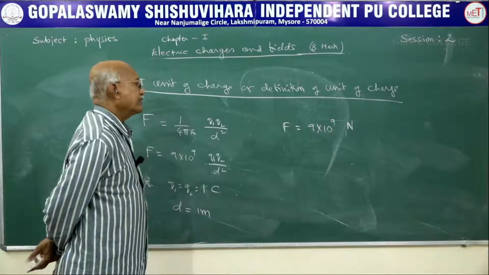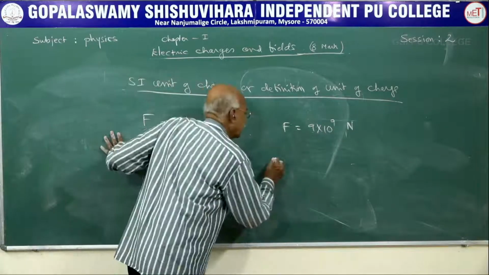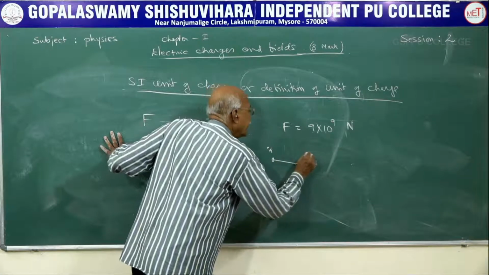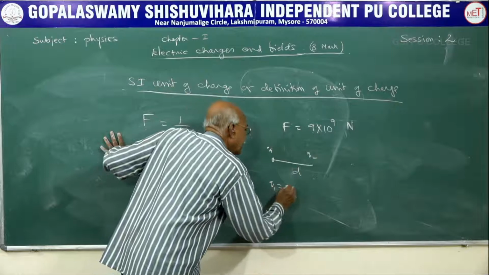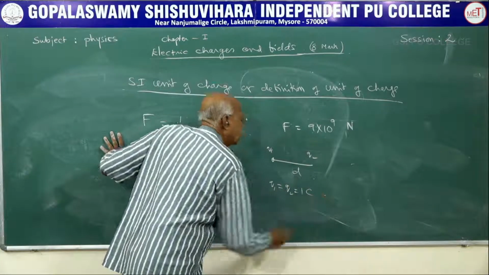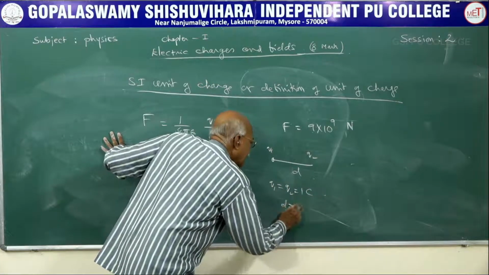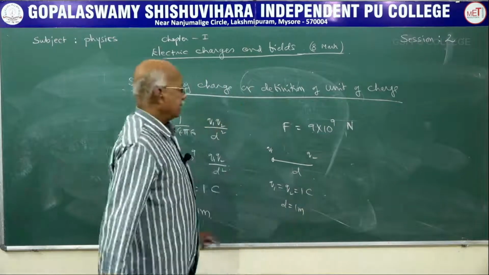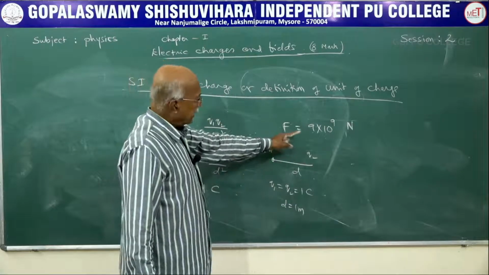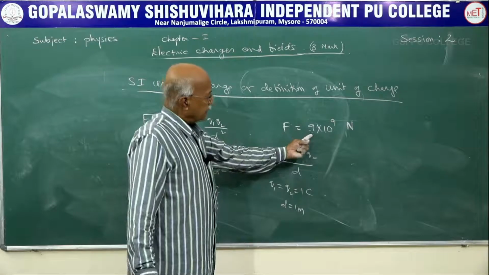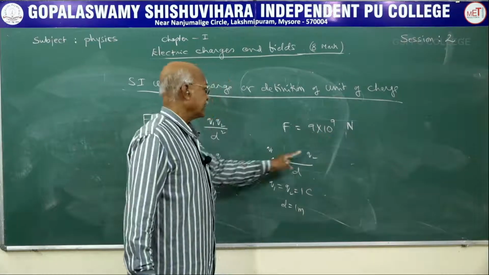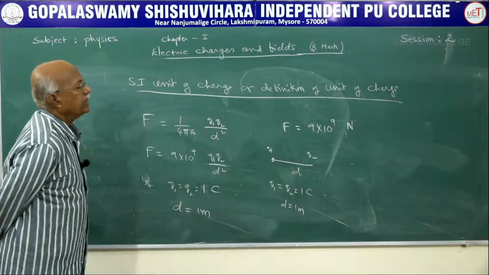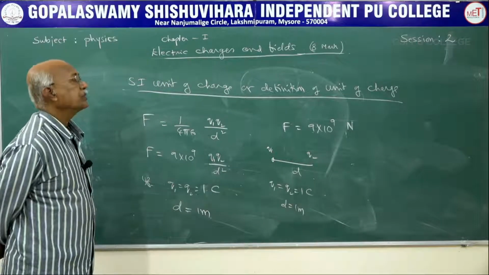So if Q1 and Q2 are two charges separated by distance d, and Q1 is equal to Q2 is equal to 1 coulomb, and d is equal to 1 meter, in such a case, if the force obtained is equal to 9 into 10 to the power of 9 Newton, then the charge under consideration is called the unit of charge, or coulomb.